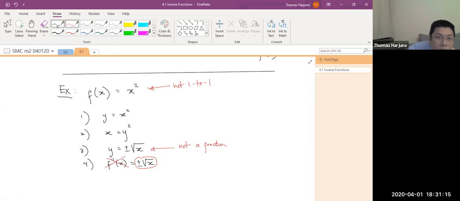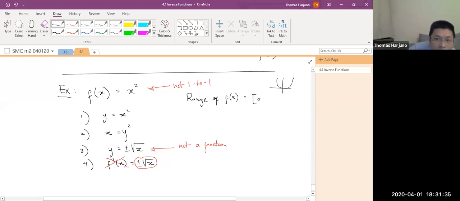Now, let's see. If we look back, what is the range of this f of x equals x squared? The graph is that basic x squared parabola, right? So the range is from 0 to infinity, not the domain, the range. Do you notice that? Now, compare with the domain of the inverse. If you look at this, what is the domain?